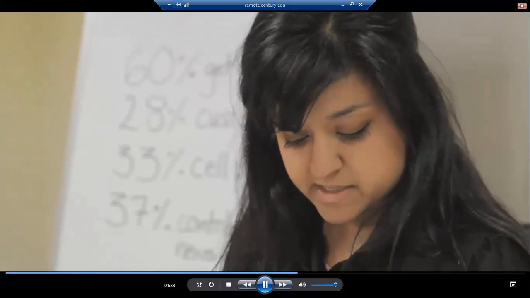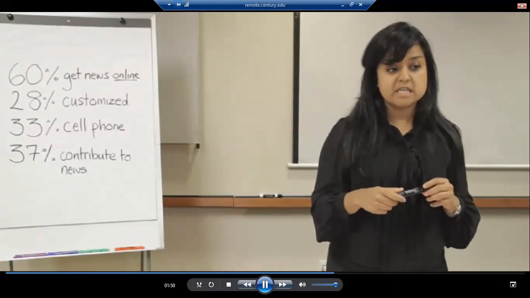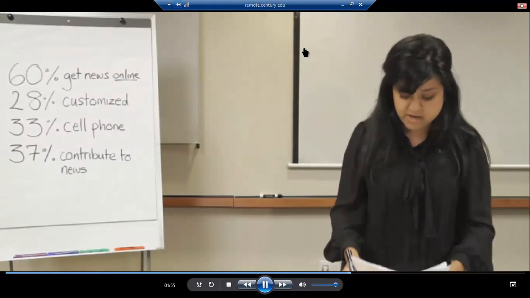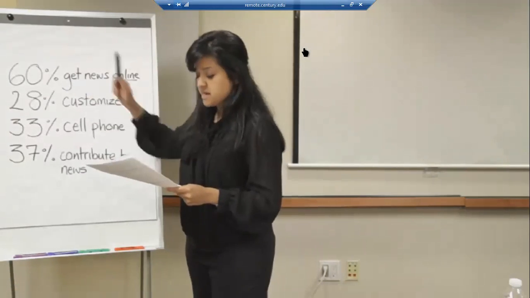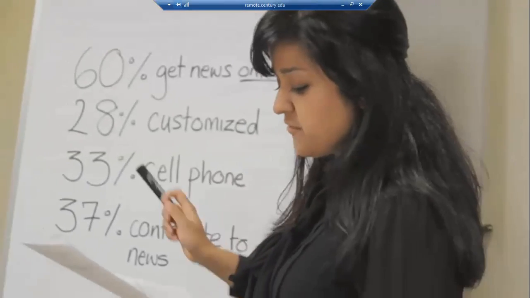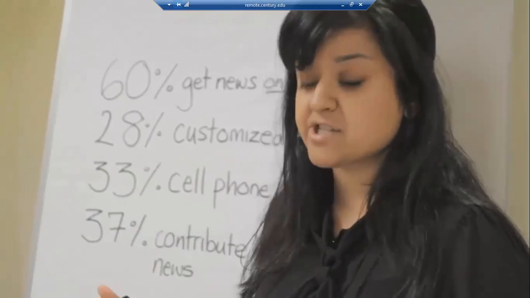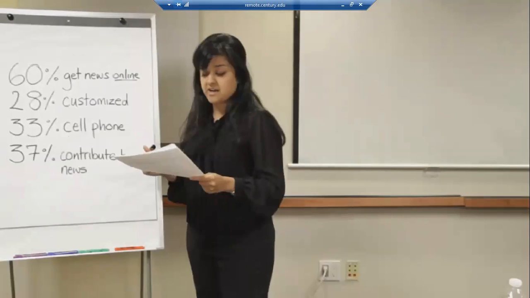We have to ask at this point, how have people changed in their interaction with the news? First of all, what I want you to notice is the increase in the number of people who are using the internet to get the latest information. According to another important survey, this was done by the Pew Research Center, 60% of Americans get their news online. But listen to this, 28% of internet users get customized news, focused on topics that they are interested in. 33% of cell phone users get their news via their cell phone.